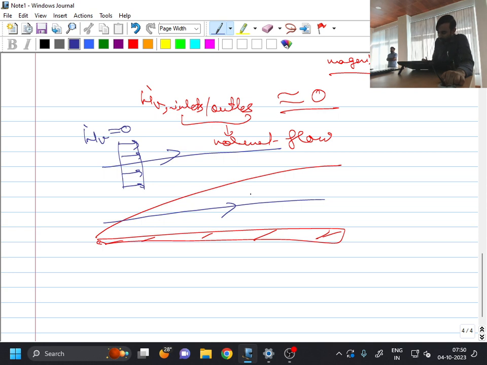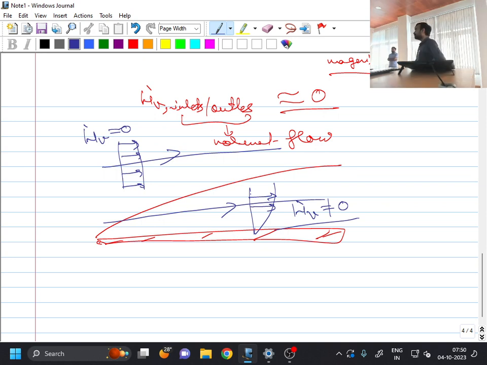Whereas if I talk about this particular point, here I have some gradient of the velocity along this streamline. So here I will have a non-zero viscous work. Why do we not have any velocity gradient outside the boundary layer? Because we have moved significantly away from the solid surface, where the effect of viscosity can be felt. It's a simple case.